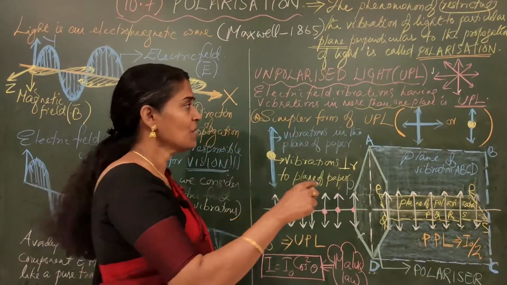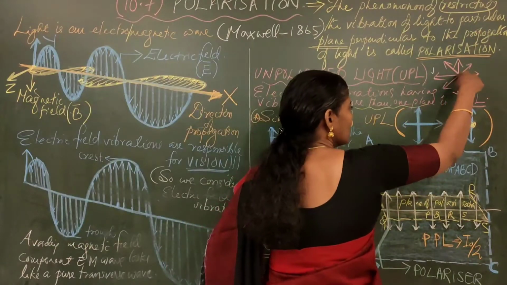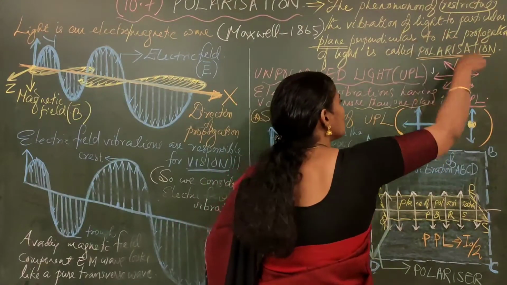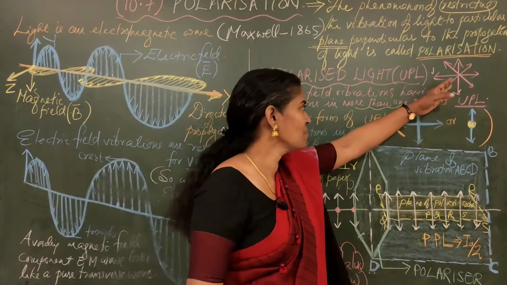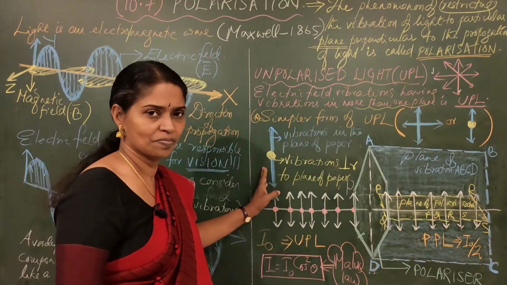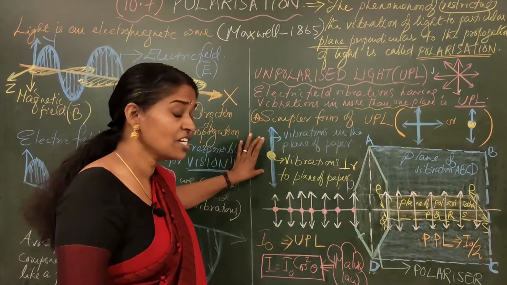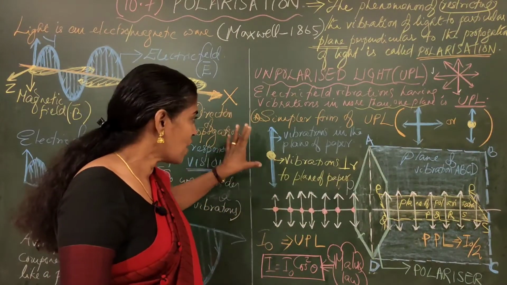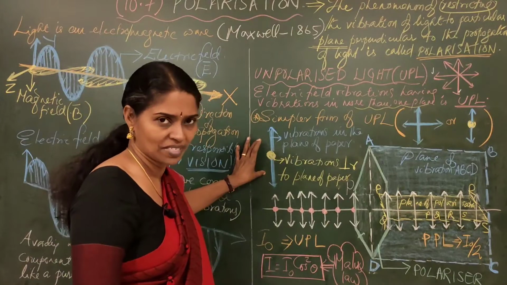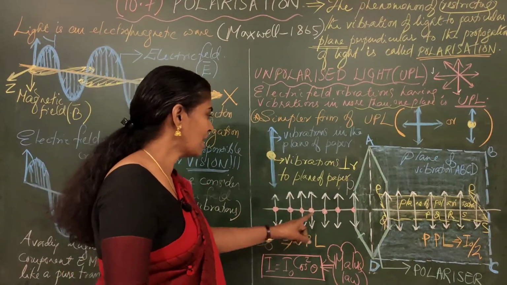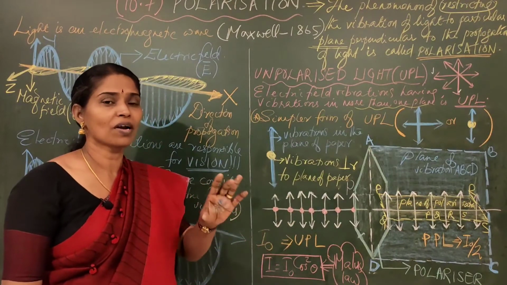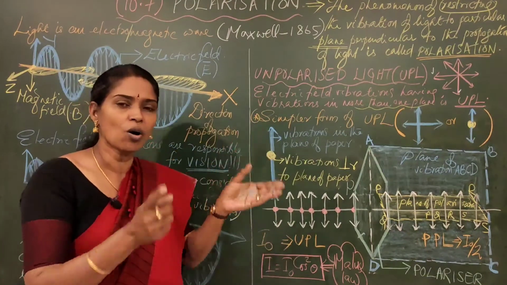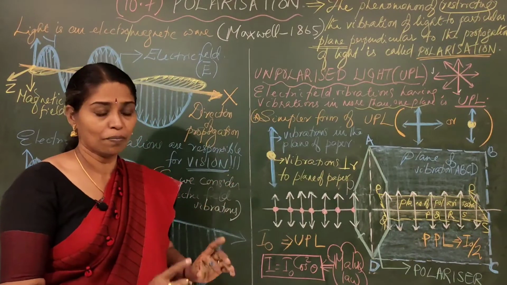If this is the propagation of light, it can vibrate in all possible directions perpendicular to that. We have reduced this to this kind of representation to show unpolarized light. Unpolarized light means vibrations in all possible planes.